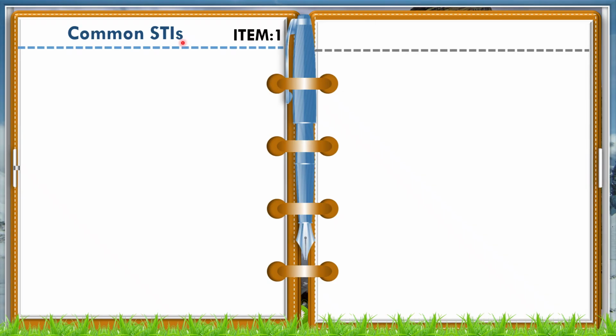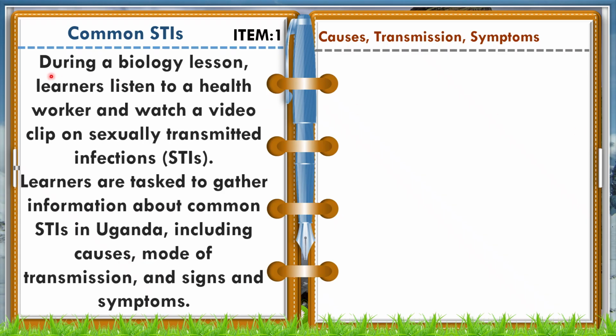Common STIs, item 1. Let's look at causes, transmission, symptoms. During a biology lesson, learners listen to a health worker and watch a video clip on sexually transmitted infections, STIs.